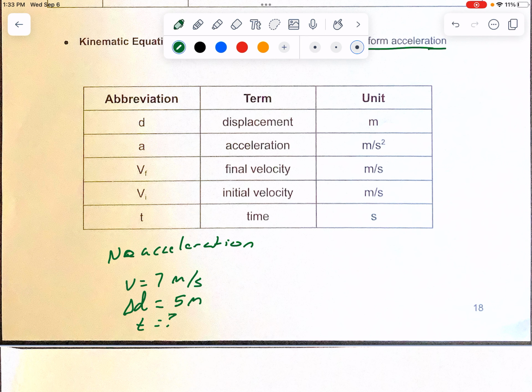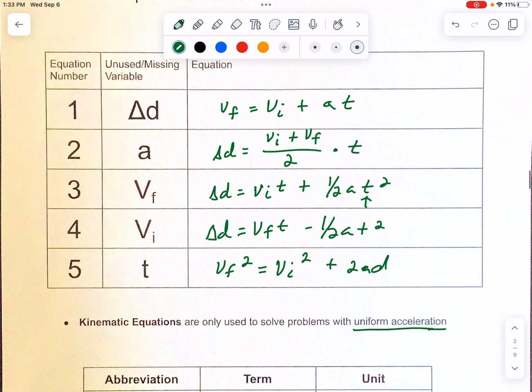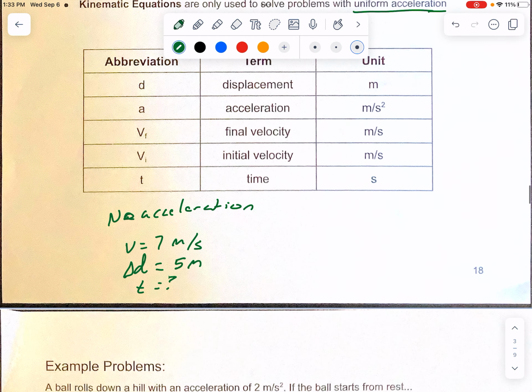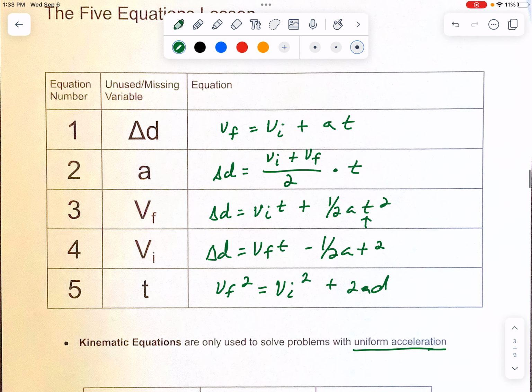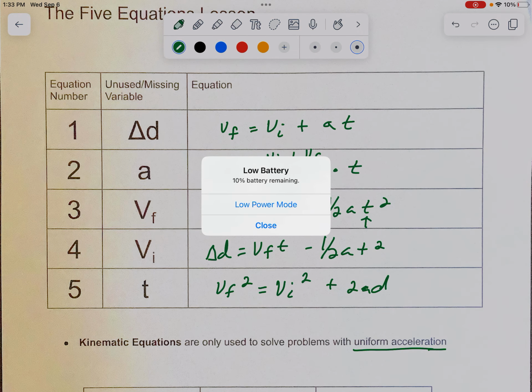Okay, if there's only those 3 things, don't think that we have to go up here and use these big elaborate equations, when I know that V equals D over T. Okay, so this equation right here still exists. We're just taking a pause from that. We're just adding more to it. So if I give you 2 of those, like V and D, all you have to do is use V equals D over T. You do not need to come through here and use all these equations.